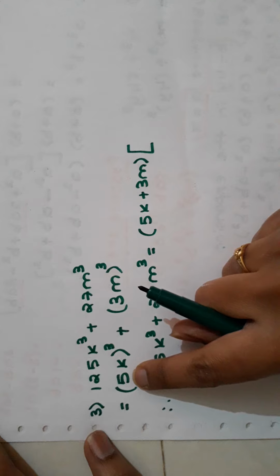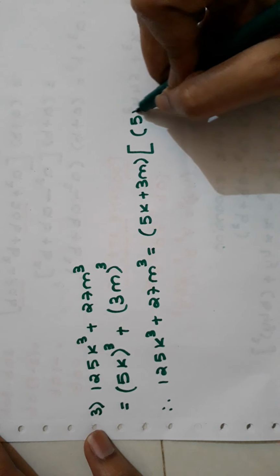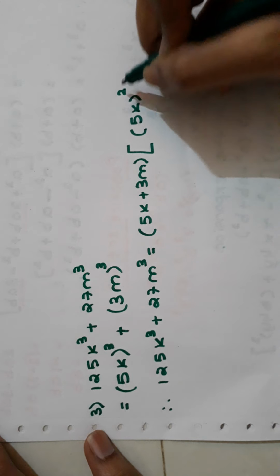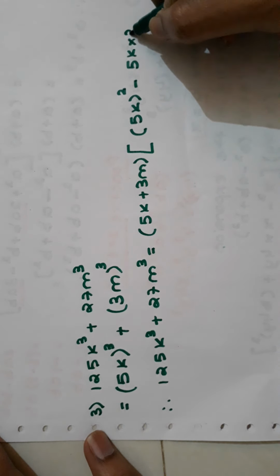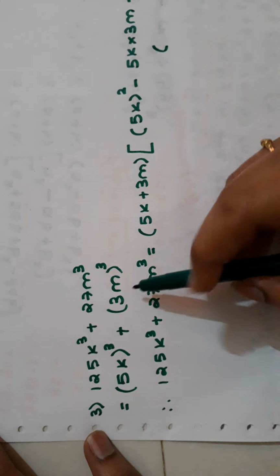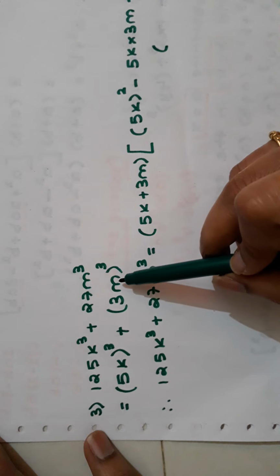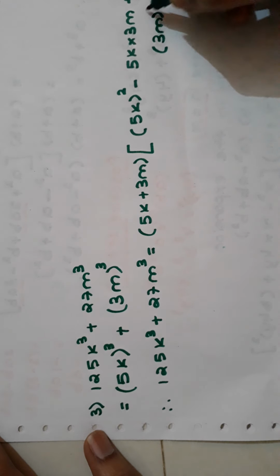A has coefficient into variable, so put a bracket (5k) and then square outside, minus a into b, that is 5k into 3m, plus b square. B also has coefficient into variable, so put a square bracket (3m) and square outside.